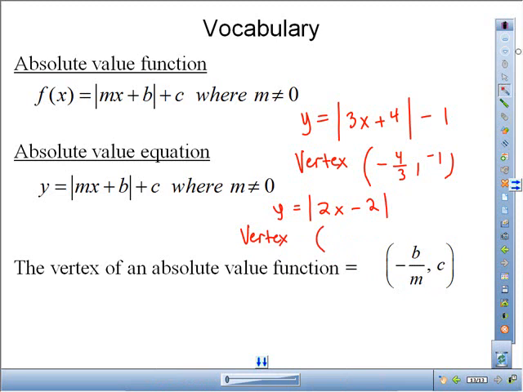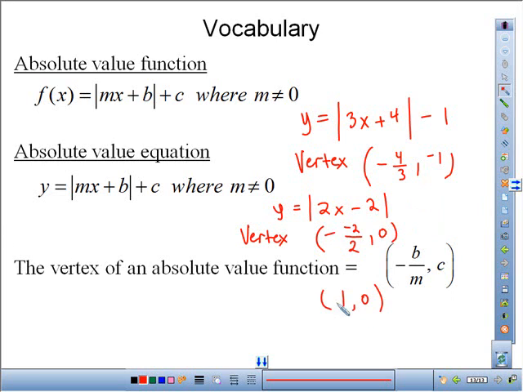So for our vertex, we have negative b. b is negative 2 in this case, over m. m is 2. Negative negative gives you positive, so that becomes positive 1. And then our c value, do we have a number outside here? Nope. So our c value is 0. So the vertex for this absolute value equation would be 1 and 0.